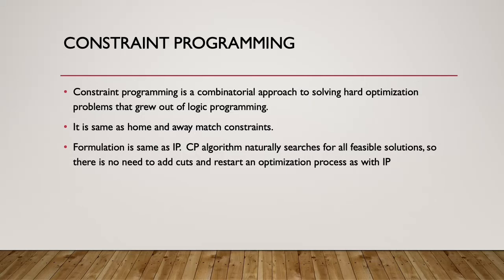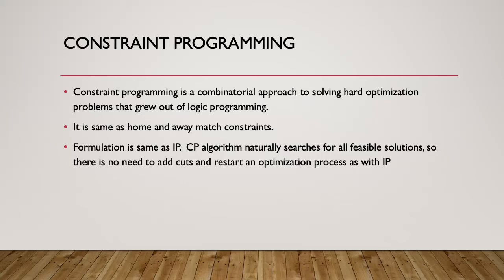The second approach is constraint programming. Constraint programming is a combinatorial approach to solve hard optimization problems that grew out of logic programming. It is the same as the previously discussed home and away match constraint.